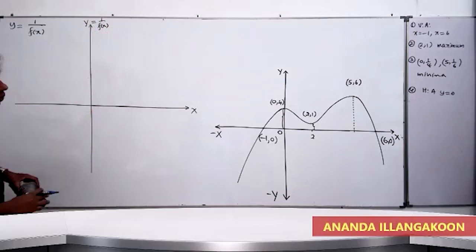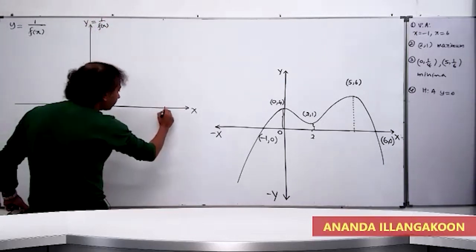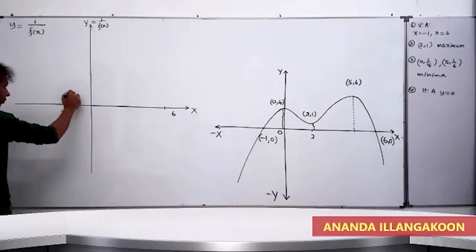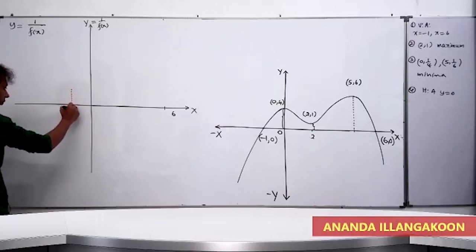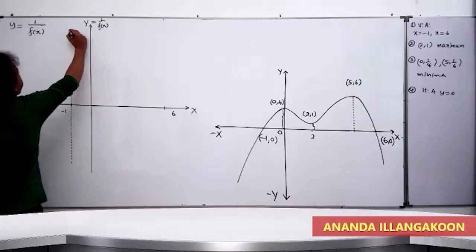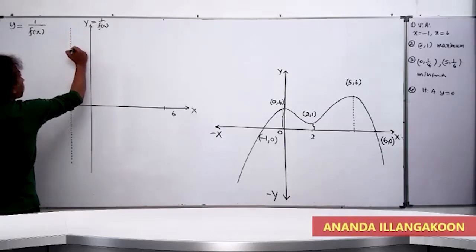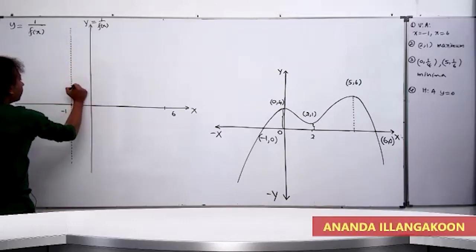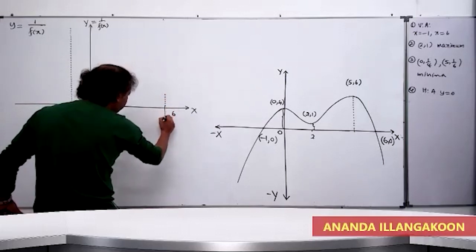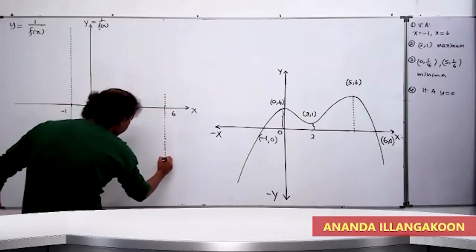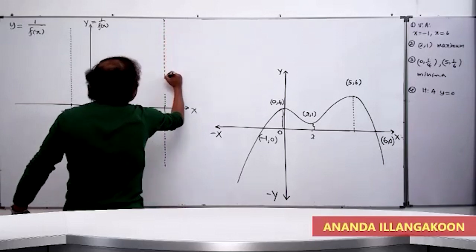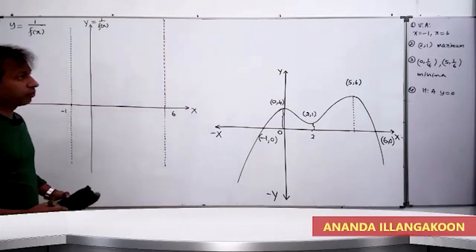We have vertical asymptotes at 6 and minus 1. You see, people. Vertical asymptotes we marked.